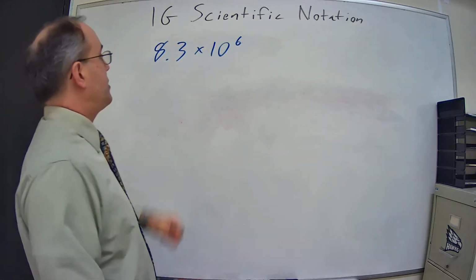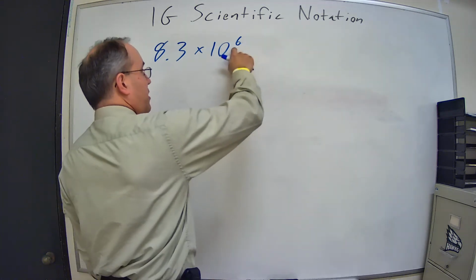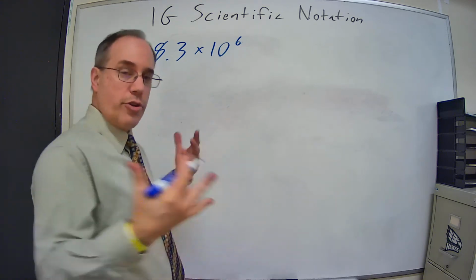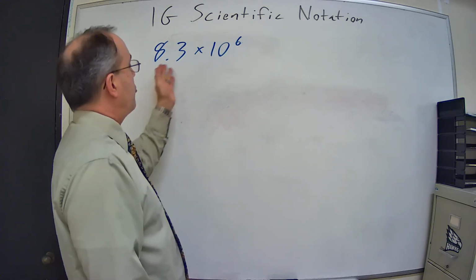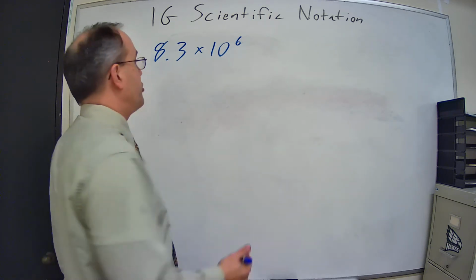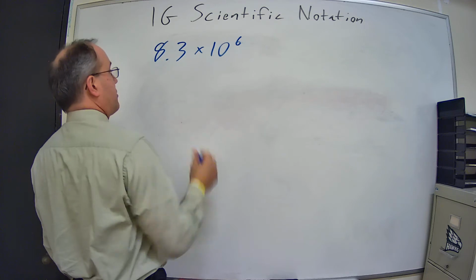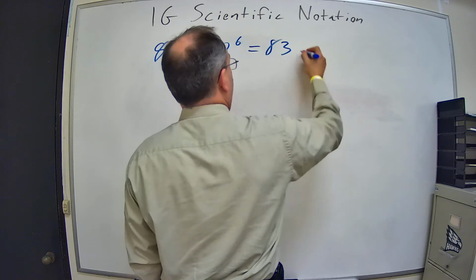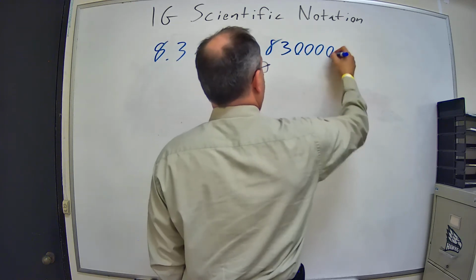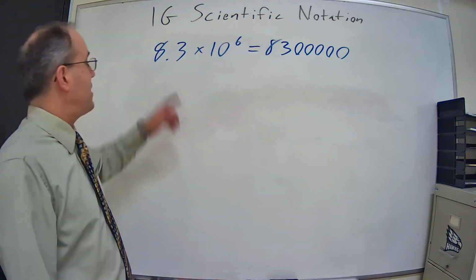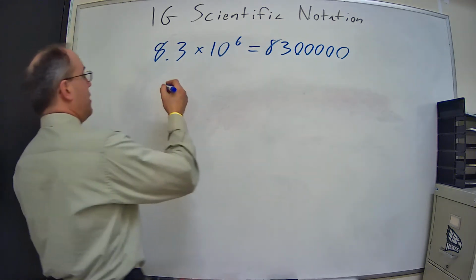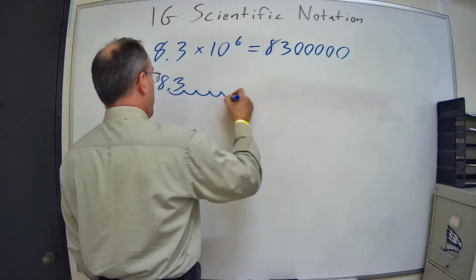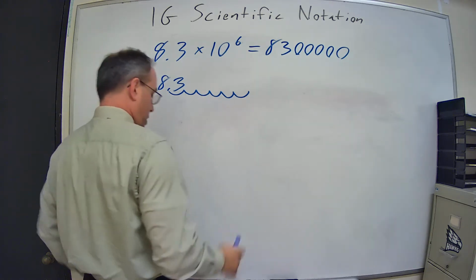We look at this exponent and see that it is positive, which means we're making a large number. So this decimal point has to go to the right, and it goes to the right by 6. So it is equal to 8,300,000. All I'm doing is counting how many places. I could even take that 8.3 and go 1, 2, 3, 4, 5, 6, filling in some zeros.